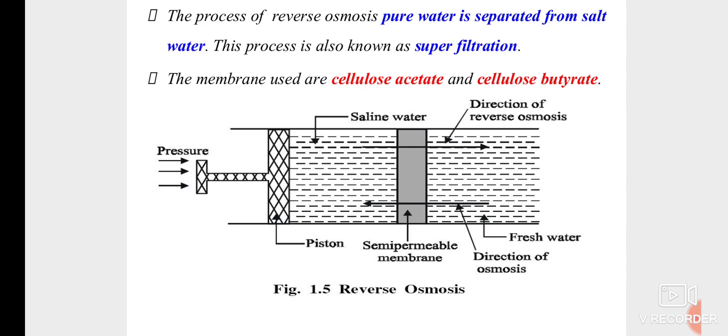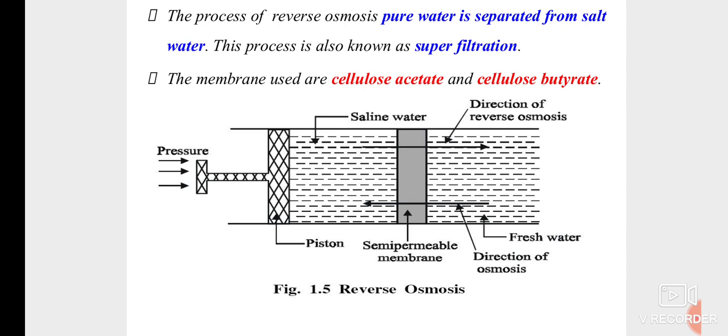Now the solvent flow is reversed through the semi-permeable membrane. Now the solvent moves from the higher concentration side to the lower concentration side, and that is called reverse osmosis. In the process of reverse osmosis, pure water is separated from the saline water or salt water. This process is also known as superfiltration.